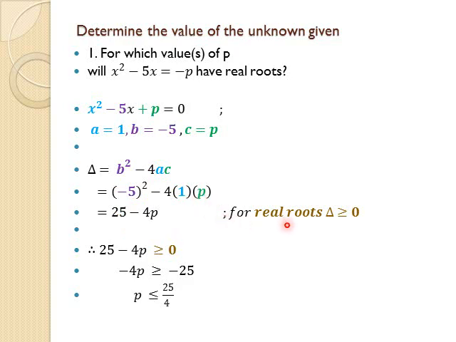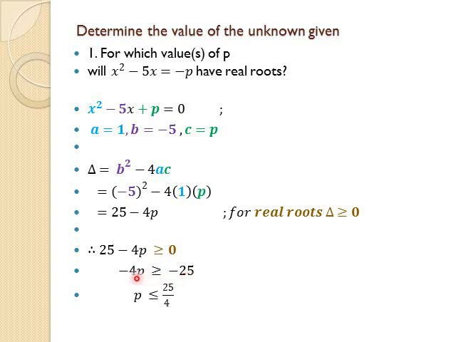For real roots, remember the discriminant must be greater than or equal to 0. So 25 minus 4p must be greater than or equal to 0. If I take 25 over, it becomes negative 25, right? And from there, I'm dividing by 4 both sides.